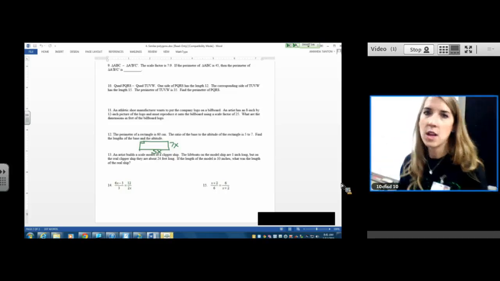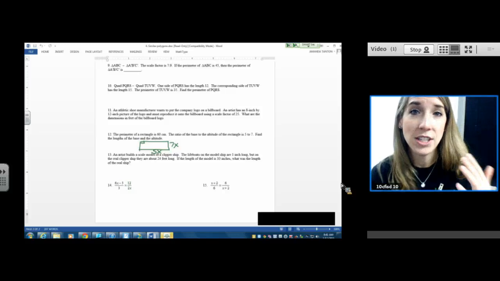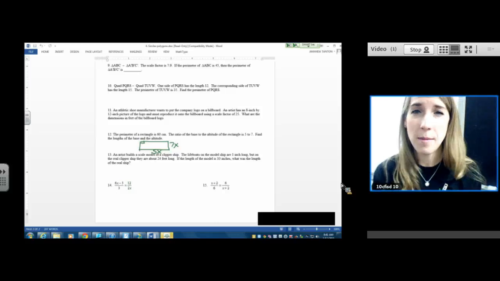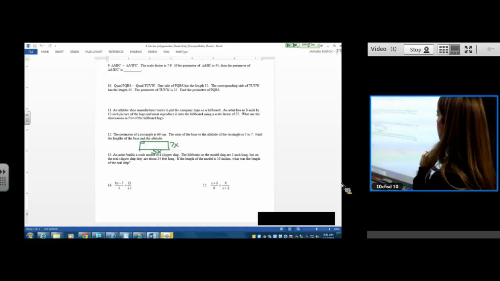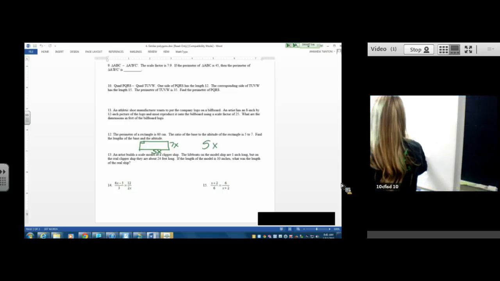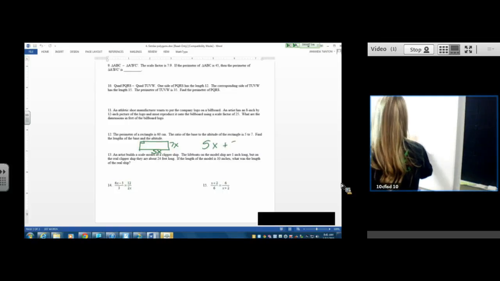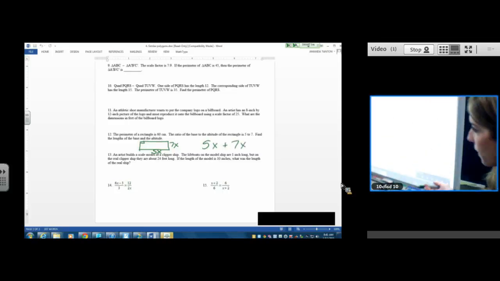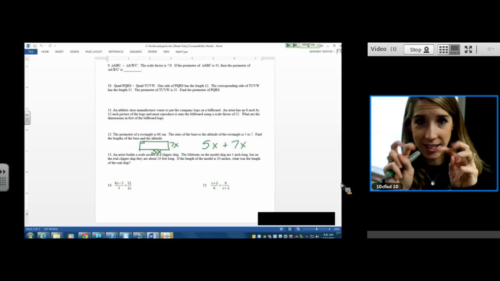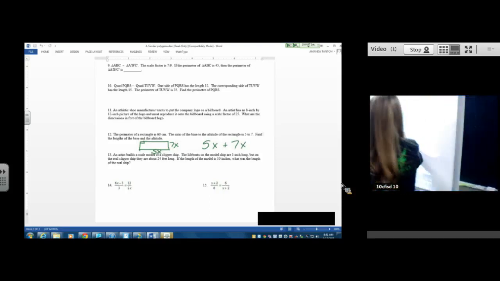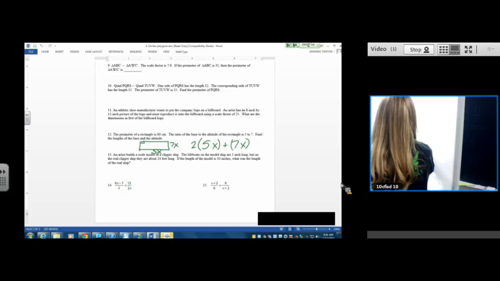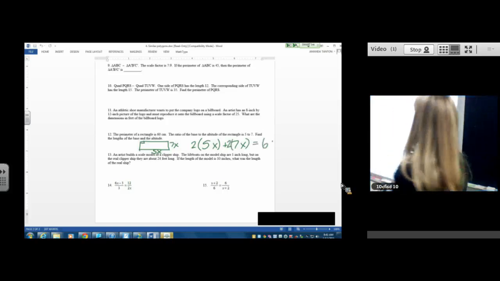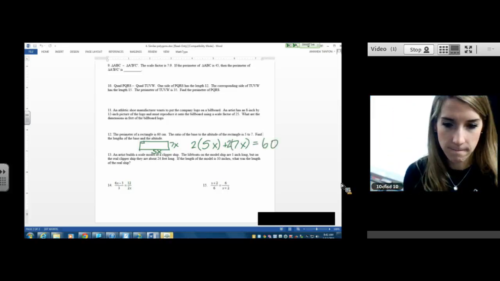5x to 7x. Remember, when you hear the word ratio, you're attaching a variable to each of those numbers, because they're not saying that the base is 5 and the height is 7. Now we're going to set up a really easy equation. When you're finding the perimeter of a rectangle, you double each of the sides and add them together, and we want to come up with 60.